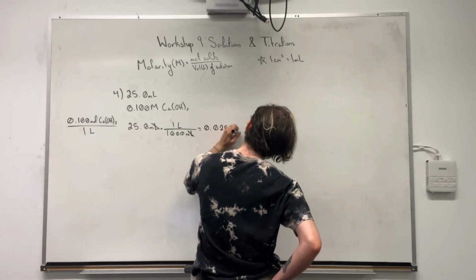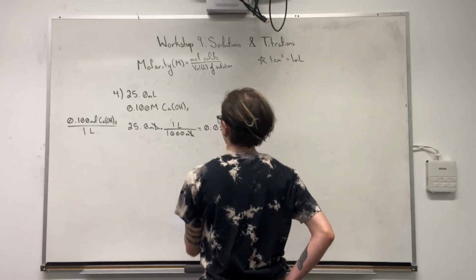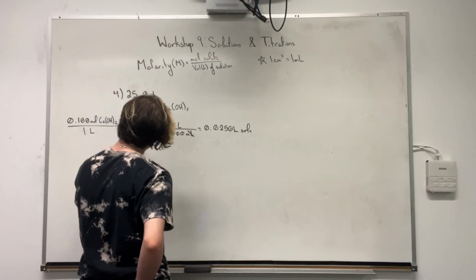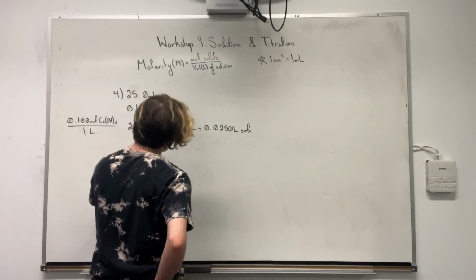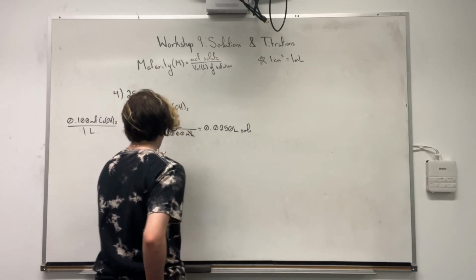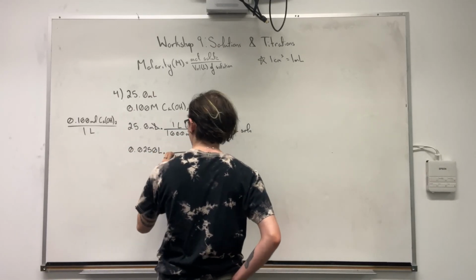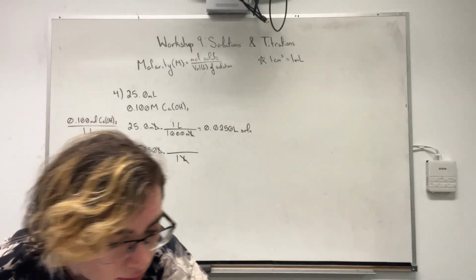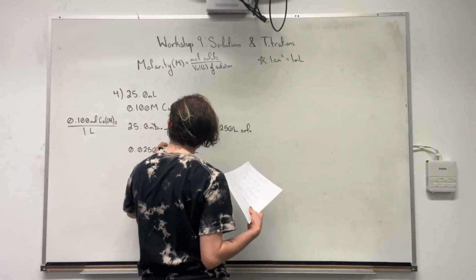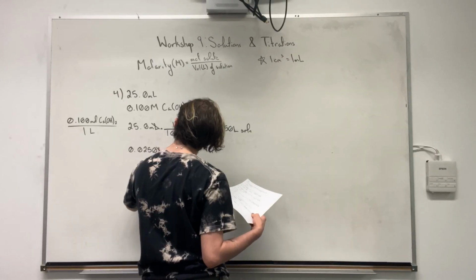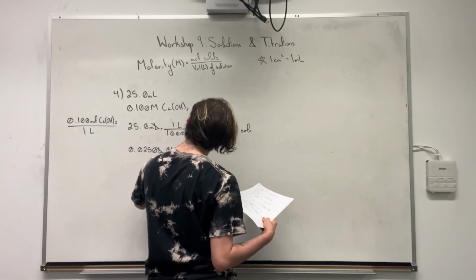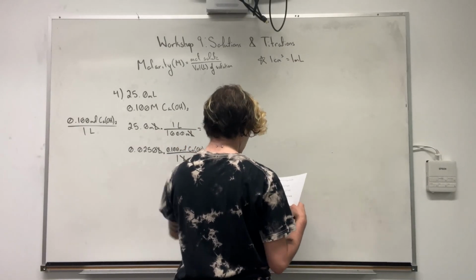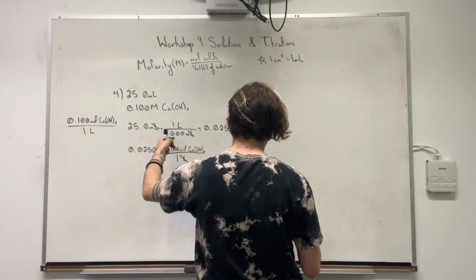And so that would be 0.0250 liters of solution. And so now we can go about finding our moles of calcium hydroxide. If we currently have 0.0250 liters, we now have this conversion factor here. For every 1 liter, we want that in our denominator, so our liters cancel out. We have 0.100 moles of calcium hydroxide.